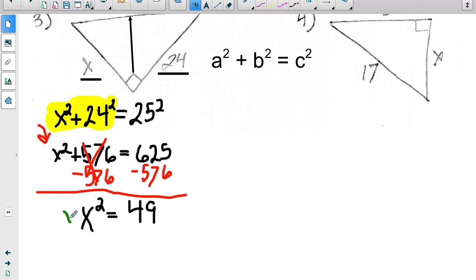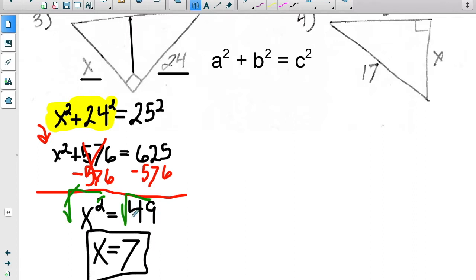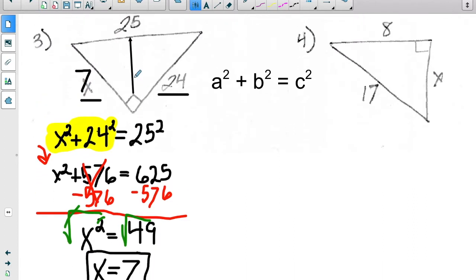Just like with the previous problems, to finish this off, we're going to take the square root of both sides. The square root and square cancel, leaving us with x is equal to 7. So here's our final answer for the side lengths anyway. The other side length is 7.